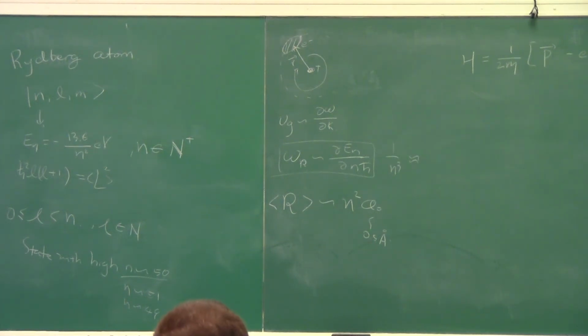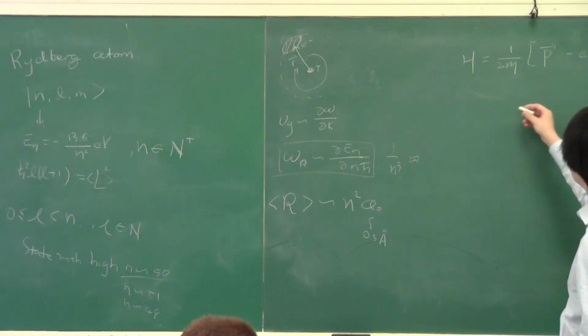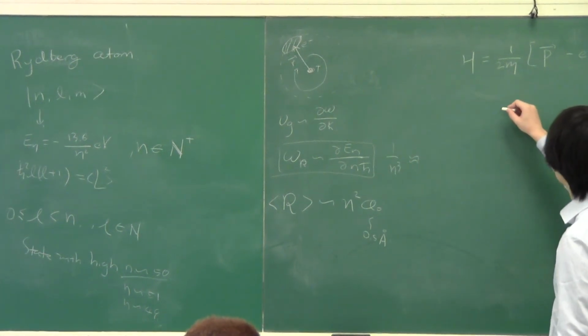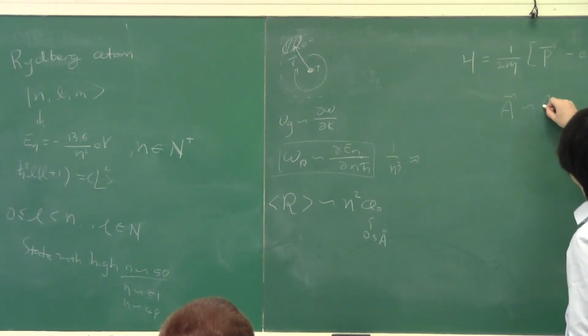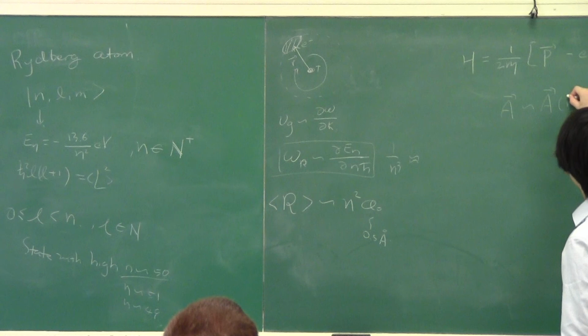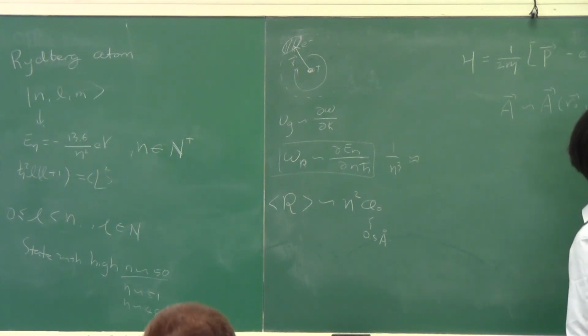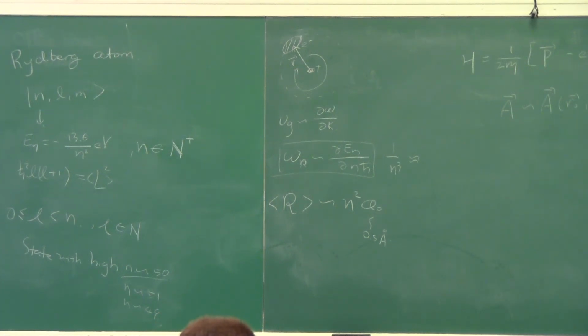So last time we said that we're going to approximate A by virtue of this dipole approximation. We're going to approximate A as just the value of A at the position of the nucleus. Okay. So roughly speaking, the field is going to look constant across the atom.